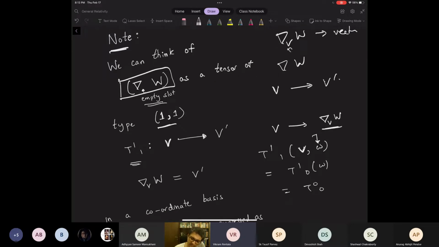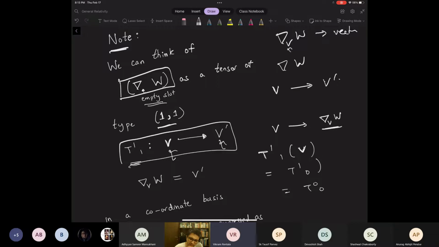If you only feed a vector to a tensor of type (1,1), then what you end up with is a tensor of type (1,0), that is, you get back a vector. So basically tensors of type (1,1) map vectors to vectors.